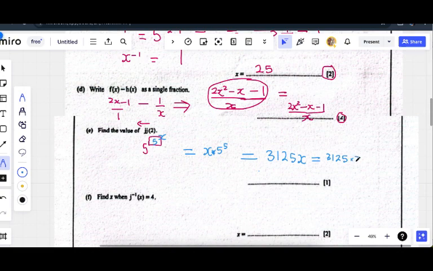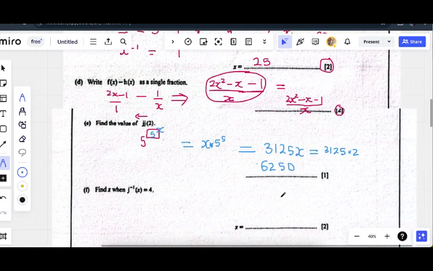What do we get? If you multiply 3,000 by 2, you're going to get 6,000, then 200 and what? 50. 250. Is that okay? So we get 6,250.